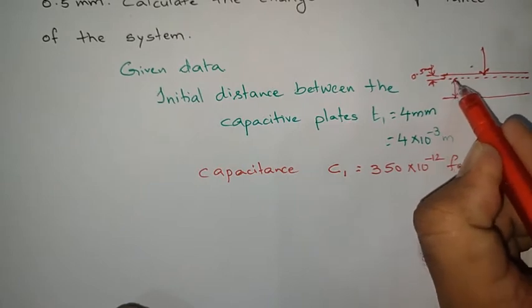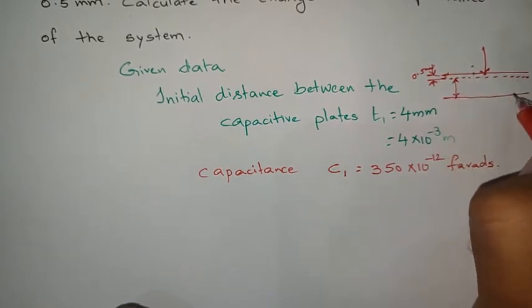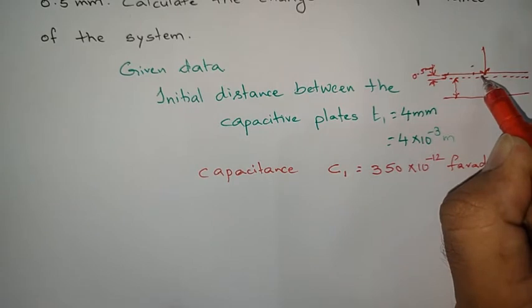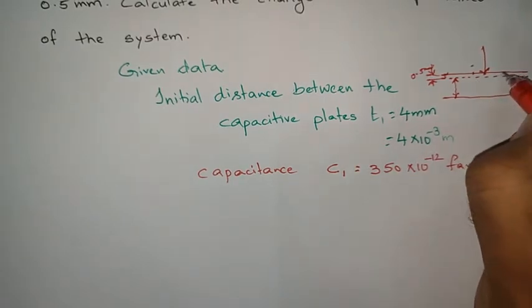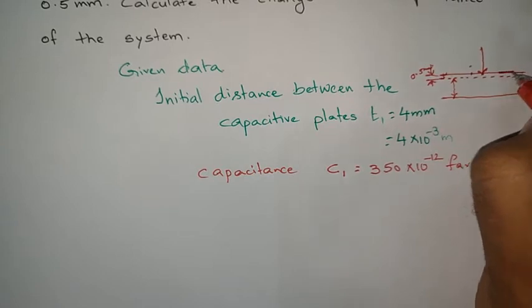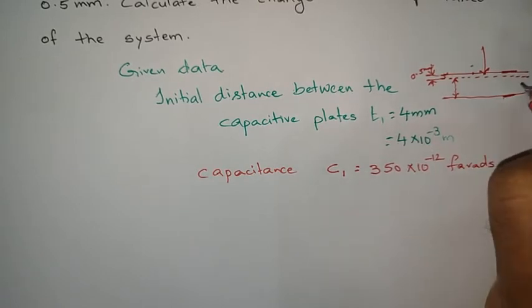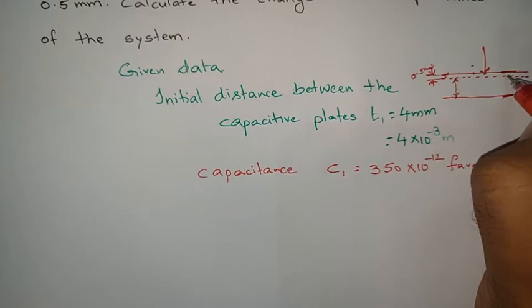So initially the distance between the plates is 4 mm, but the top diaphragm is moved 0.5 mm downward. So the capacitor's one plate is connected here and another plate is this one. So the new position of the top plate is this one.